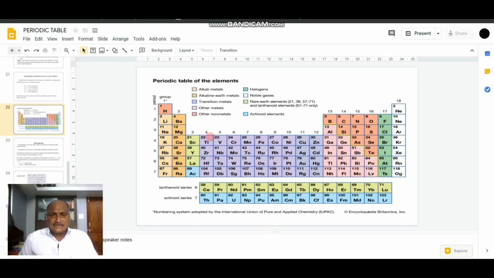Then when we see the classification of elements into S, P, D and F blocks, what are S block elements, what are P block elements, D block elements and what are F block elements?